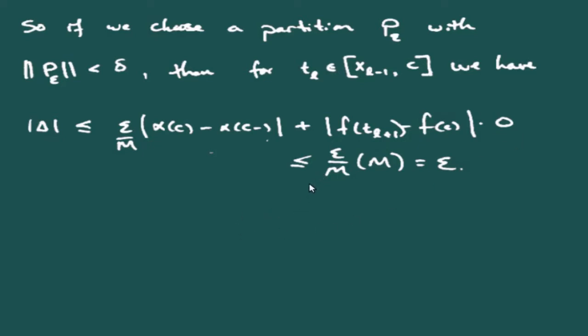And so by the value that we chose for m, that's going to be less than or equal to epsilon over m times m, which just gives us epsilon.